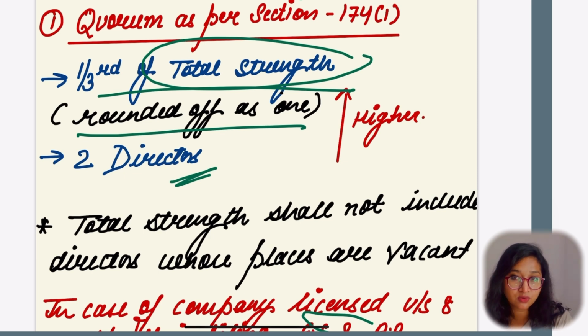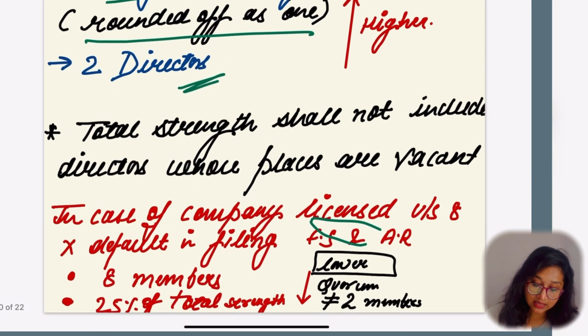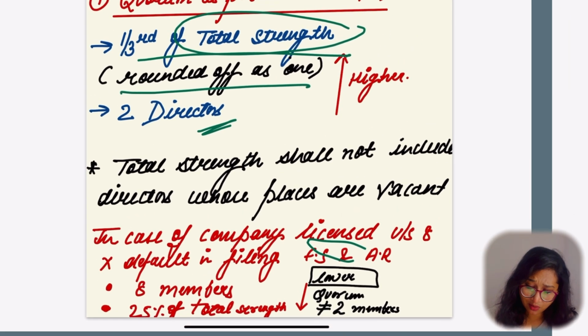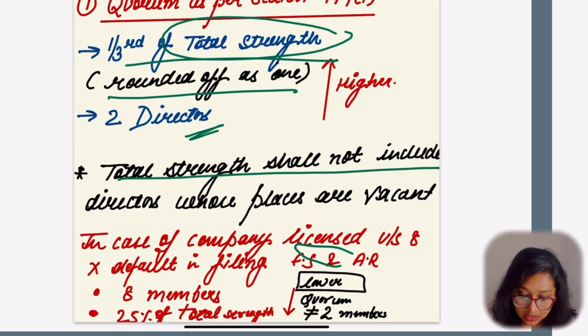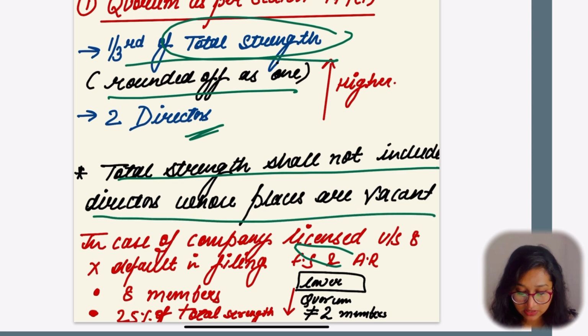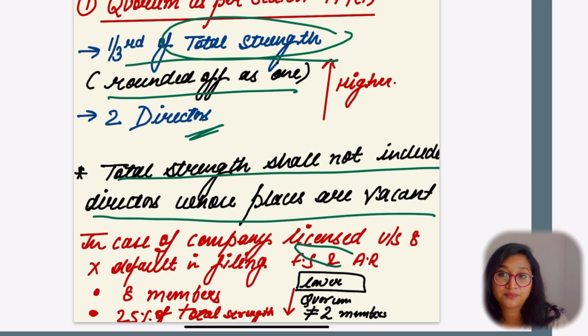Is this part clear? Yes. Now what is the meaning of total strength? Total strength shall not include the directors whose places are vacant, which means they are absent, they are not present in the board meeting.